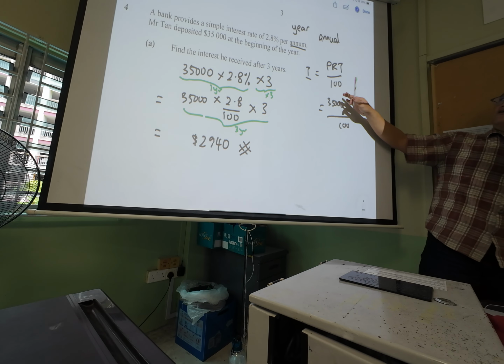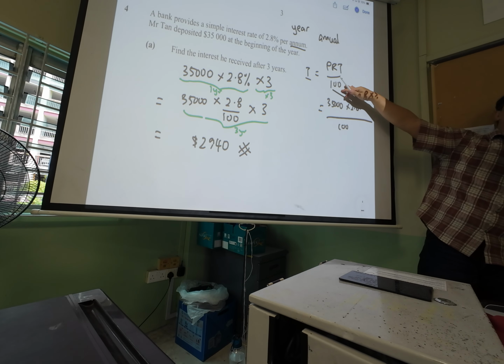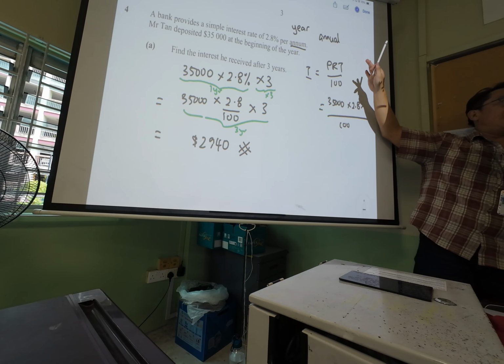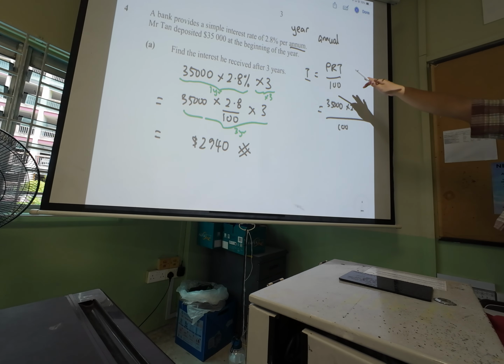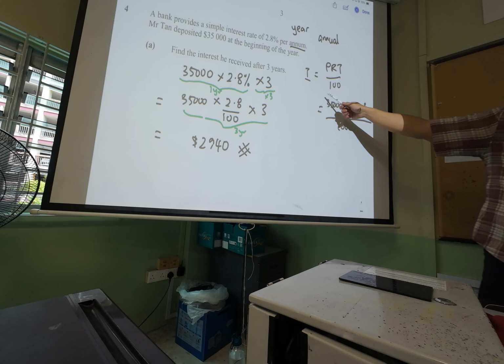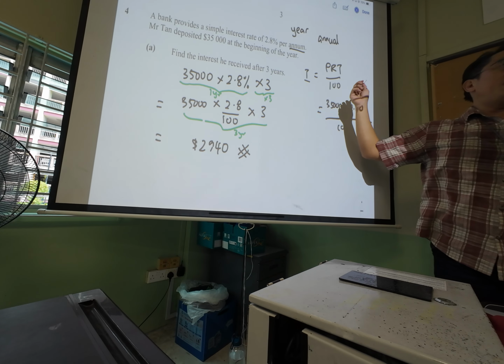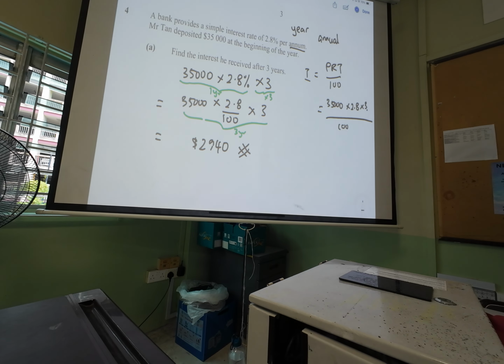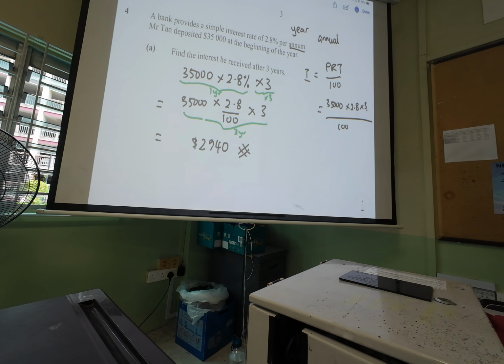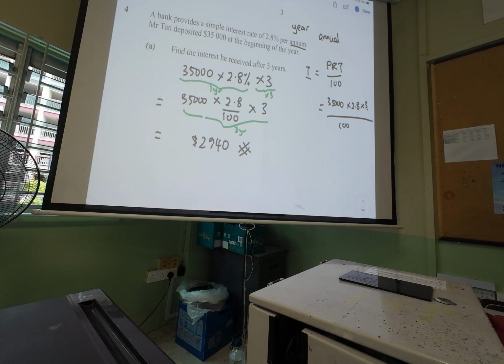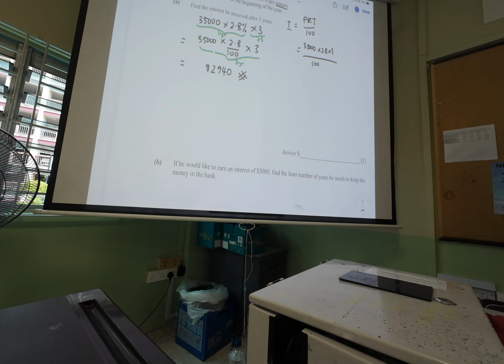Okay, so I feel there is no need to remember a formula if you don't like. But if the formula helps you to remember, then you can remember I equals PRT over 100. But for this question, very straightforward. Interest 1 year how much? Times 3 years. Okay?